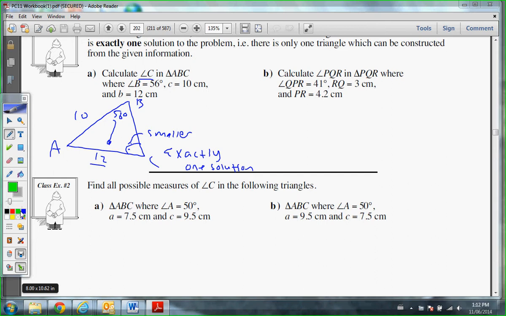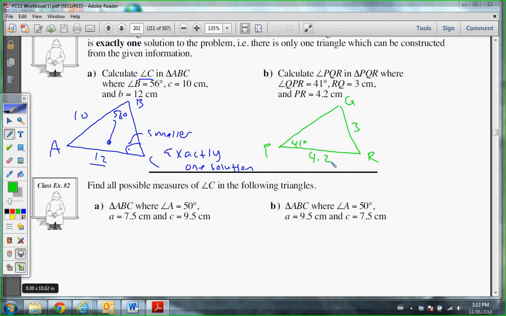Okay, I'll let you digest that for a second while I draw this triangle here. P, Q, R. Angle QPR is 41, RQ is 3, PR is 4.2. A couple things to notice here. One, this is an SSA relationship, side-side-angle.